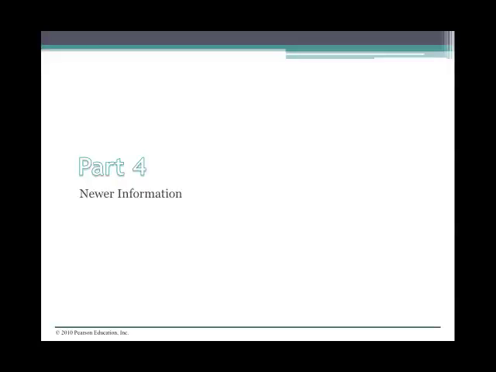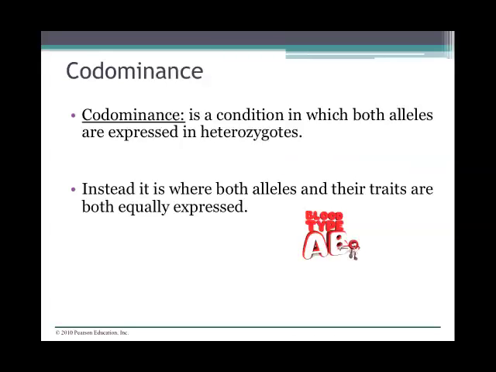Okay, we're starting part 4 and we're going to be looking at more current genetics. The only one that I'm really presenting about is something called codominance. That is when you have an allele from the mom, an allele from the dad, and they're both expressed.